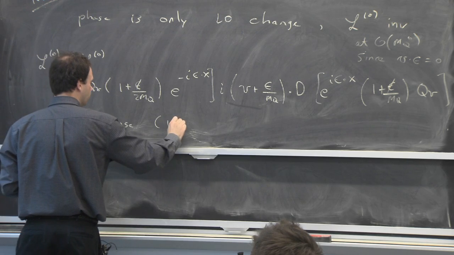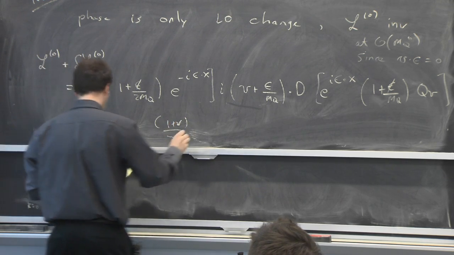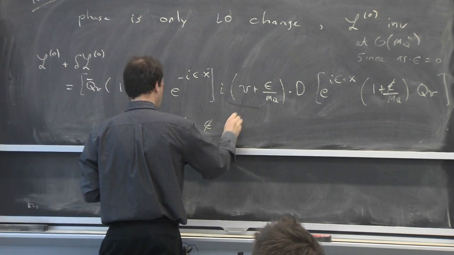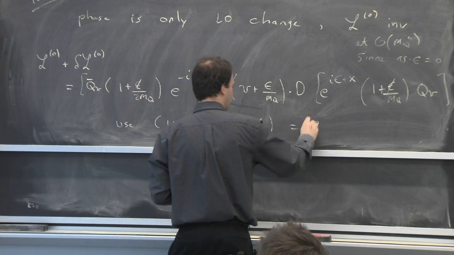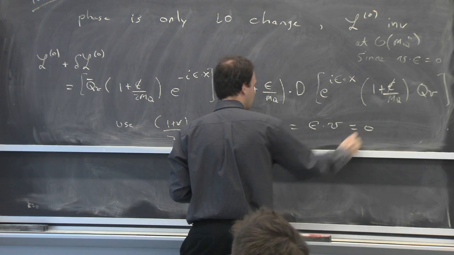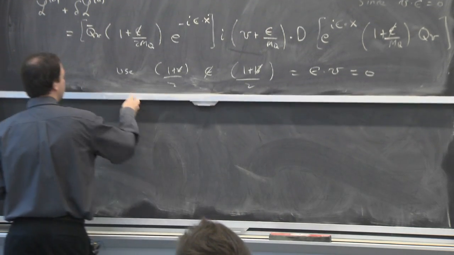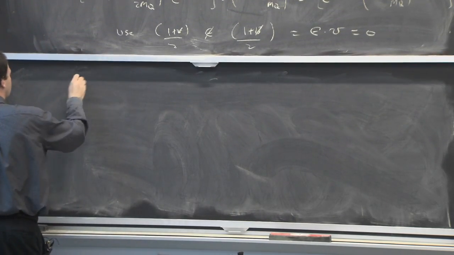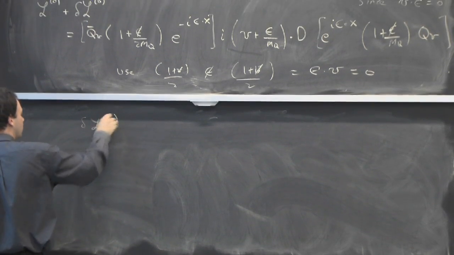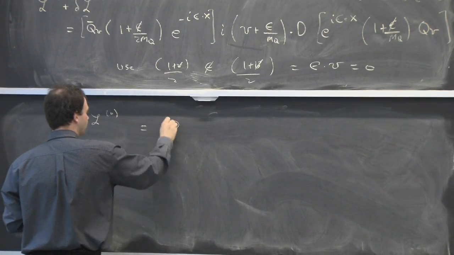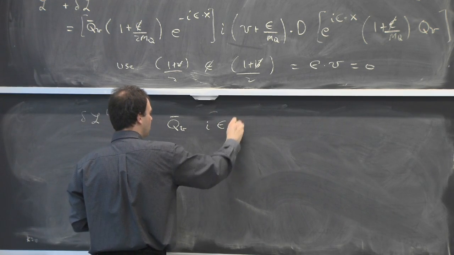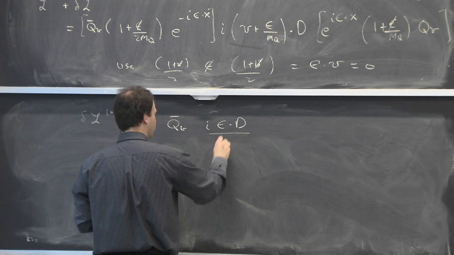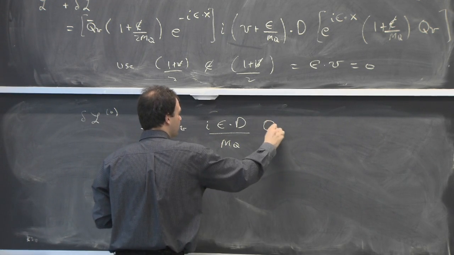Use things like 1 plus V slash over 2, epsilon slash, 1 plus V slash over 2 is equal to epsilon dot V is equal to 0. Simplify, do some Dirac algebra, and you can boil this down to something simple, which is that the entire change is just an epsilon dot D over MQ times QV.